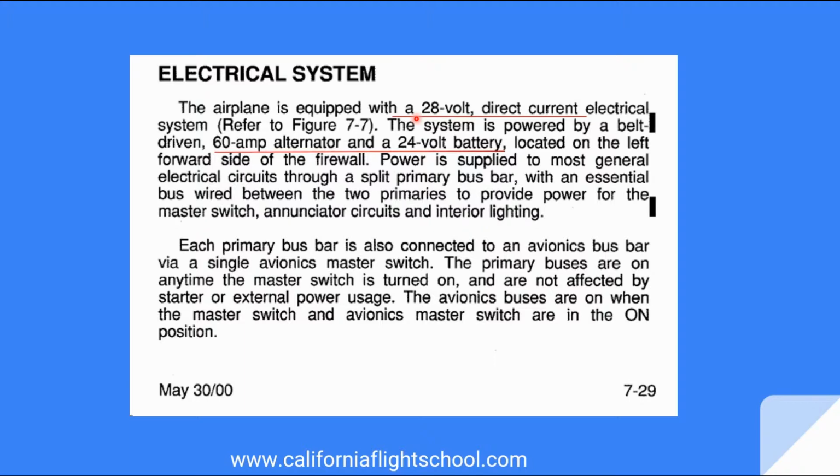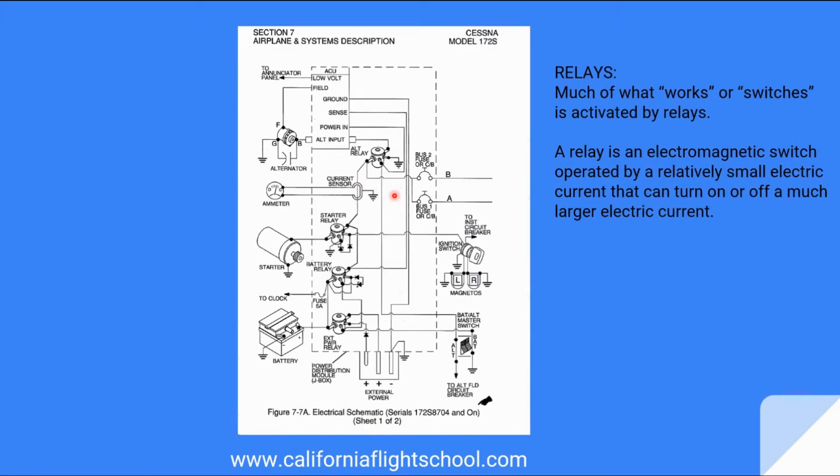The system is powered by a belt-driven 60-amp alternator and a 24-volt battery. The difference between the 24-volt battery and the 28-volt system allows for the battery to be charged. And there could be, for your aircraft, a lot more in this chapter, but usually that's right about the beginning of it, and sufficient for the beginning of it all.